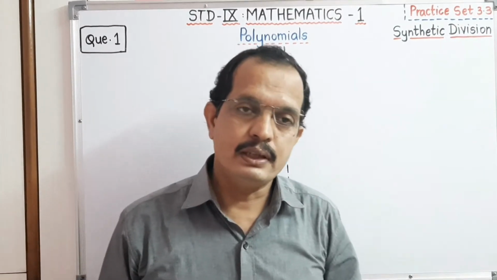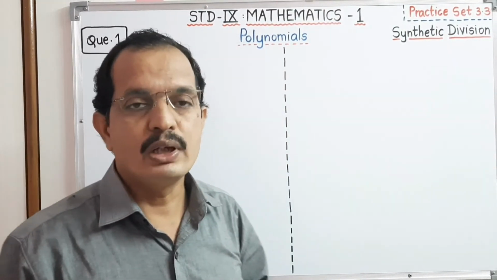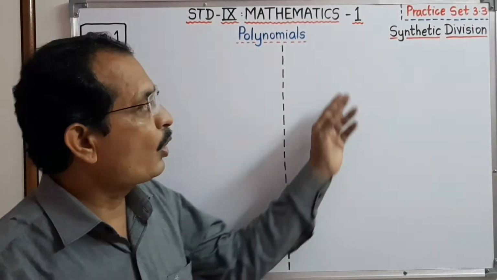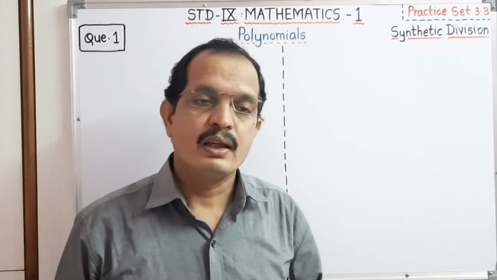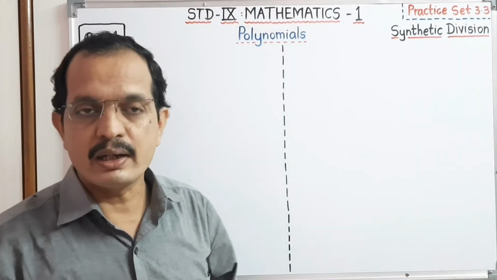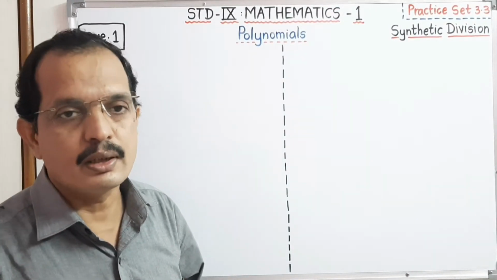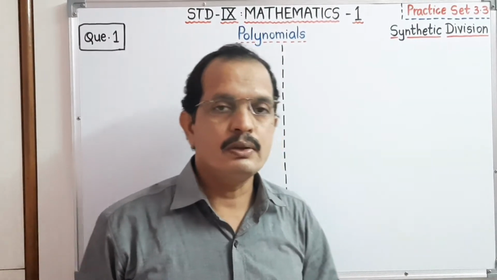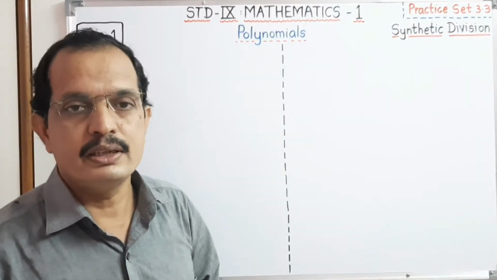That means in the last video we learned division of polynomials. Now we have to do the same thing, but for that purpose we have to use another method, that is synthetic division. Dear student, very interesting and very easy method.